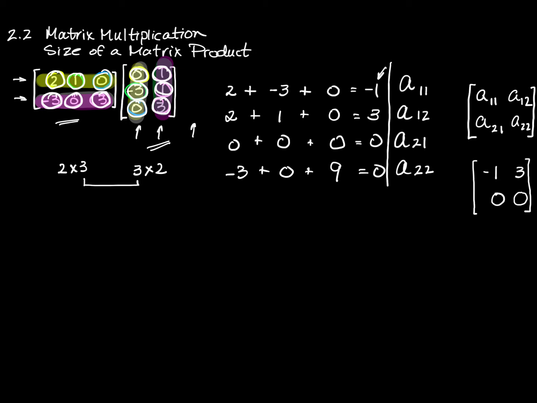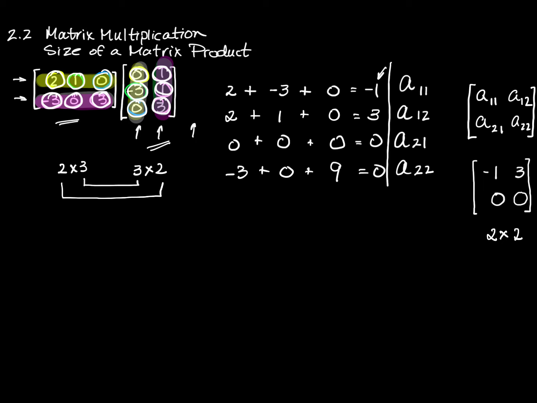So this matrix is the result of this matrix multiplication. It's also worth noticing that the resulting matrix is a 2 by 2 matrix, and that can be predicted by the fact that we have 2 rows to multiply by 2 columns. So we could have a 2 by 7 and a 7 by 2, or a 2 by 23 and a 23 by 2 matrix.